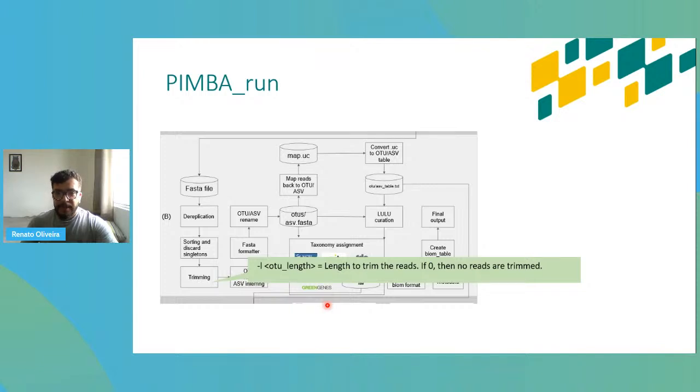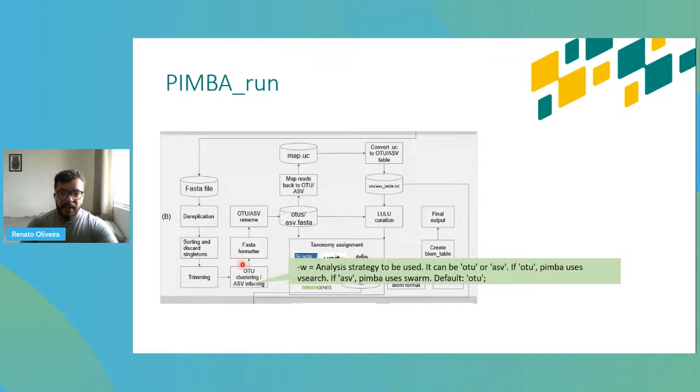PIMBA Prepare will generate the high-quality data as a FASTA file, and this FASTA file will be used by PIMBA Run, and PIMBA Run will perform the dereplication, will discard singletons, and will perform a truncation step. In this truncation step, you need to define the OTU length that you want, and once you define that, we can perform the OTU clustering or the ASV inferring.